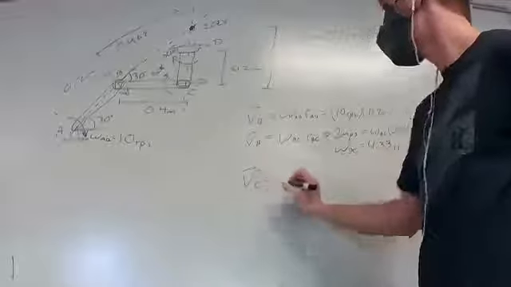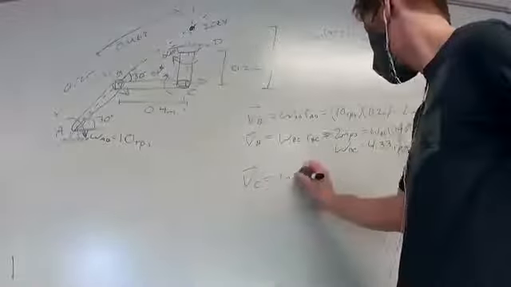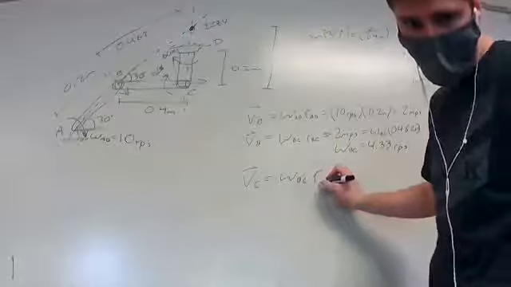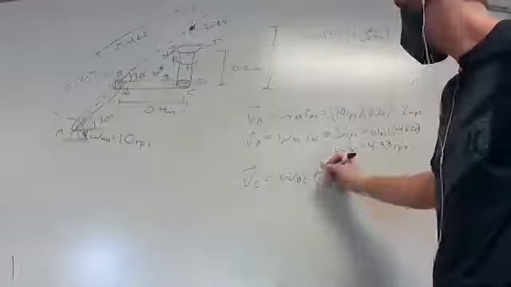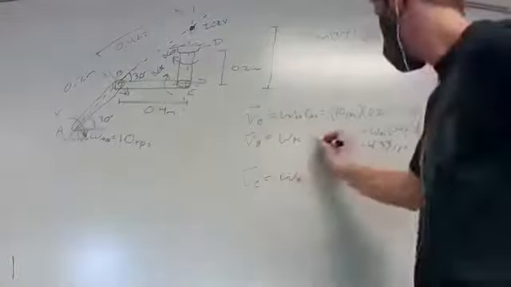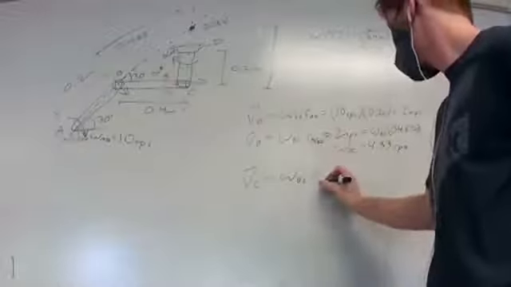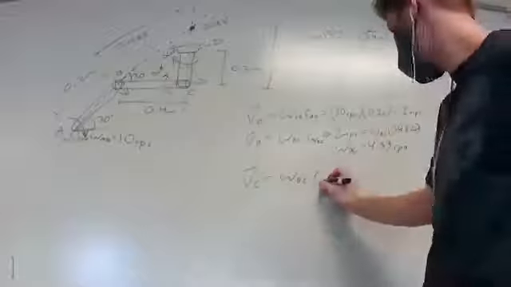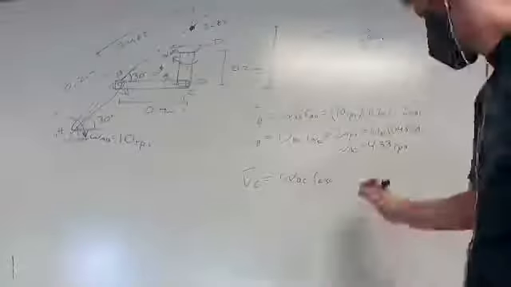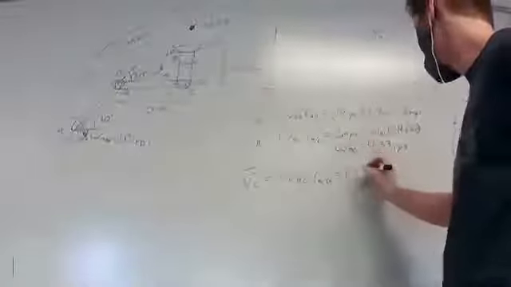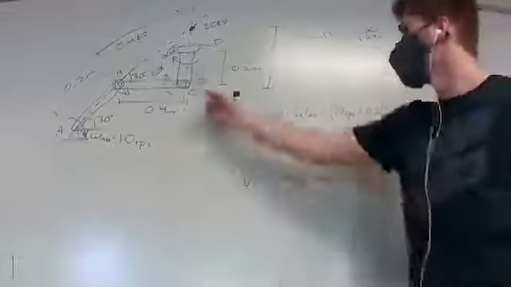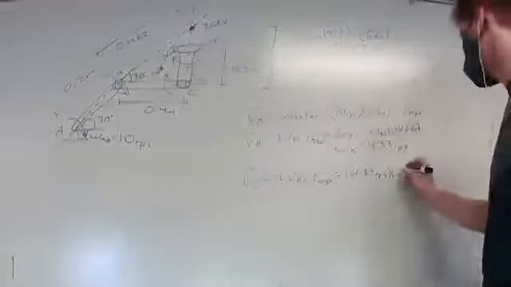Radians per second. So omega BC times the radius from C to here, which is why we have this height.